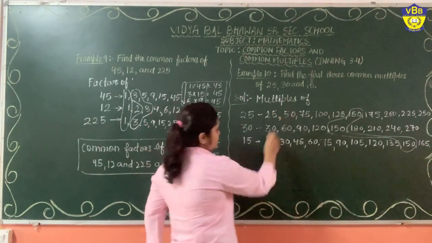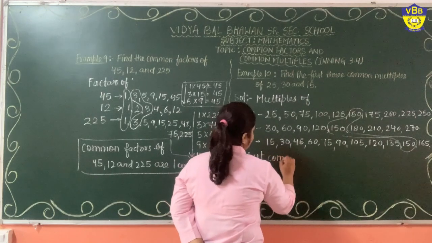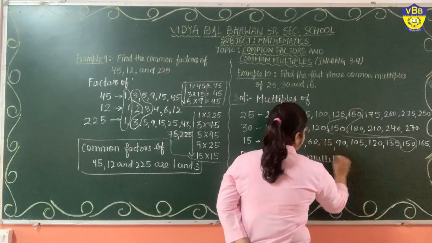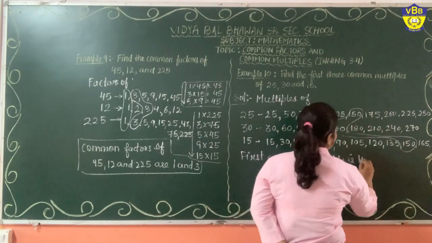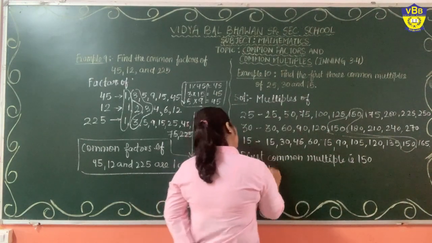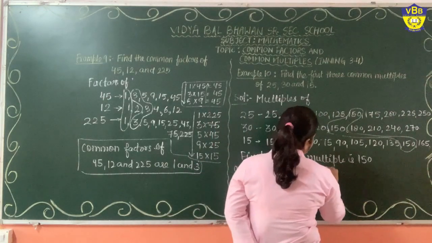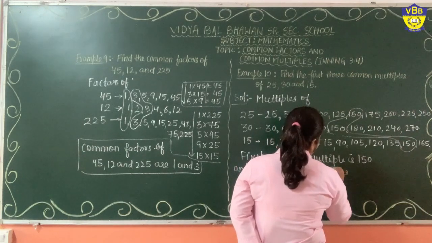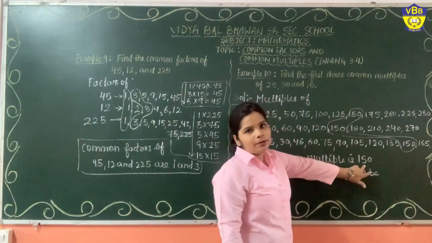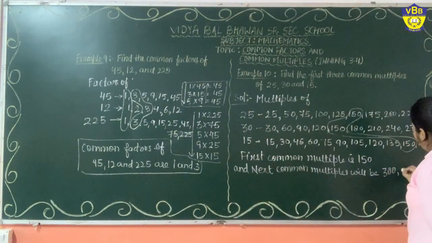So firstly, we will write the first common multiple: 150. The next common multiples will be the table of 150 itself, that is 300 and 450.